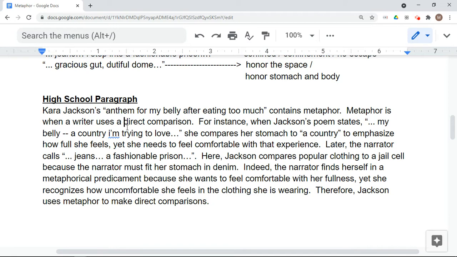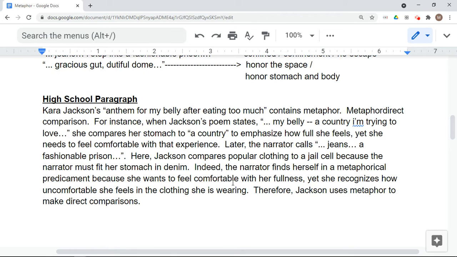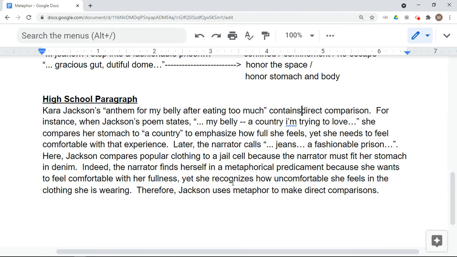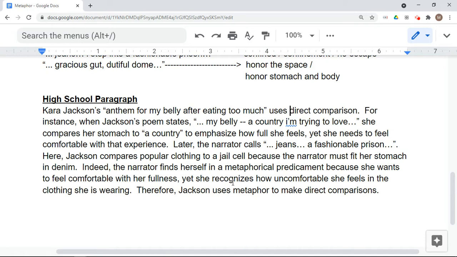Oh, we don't have to say direct comparison. We'll just say contains, uses direct comparisons. Kara Jackson's anthem for my belly after eating too much.